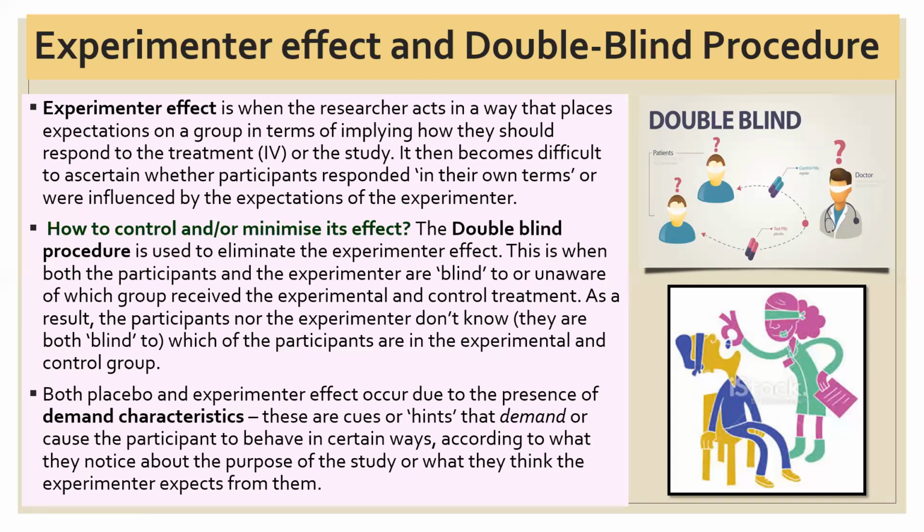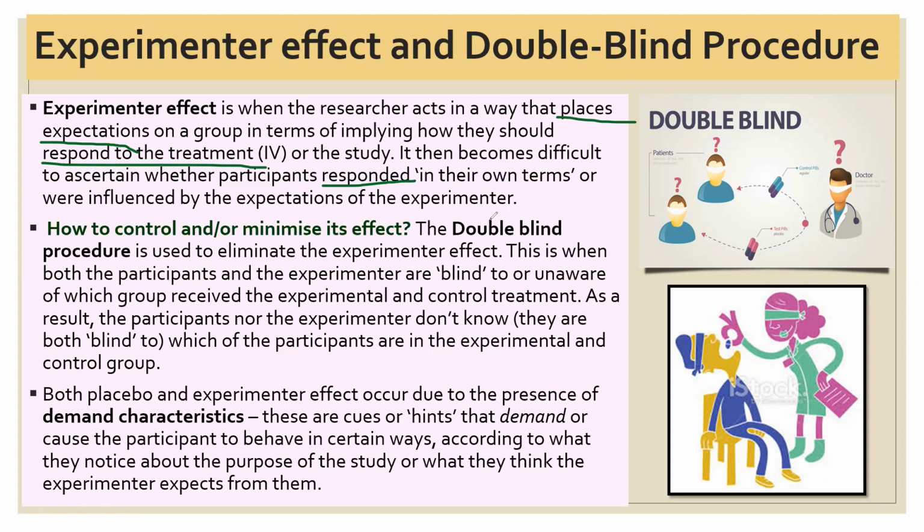I drank it and it helped me concentrate so much better. What I'm doing there is I'm actually placing expectations on you in terms of how you should behave. Even if I'm doing that consciously or unconsciously, it's still going to affect your own behavior because it's affecting how you're going to respond to that IV. You might drink the green tea and feel nothing, but you remember what I said, and then you start responding in that way. You start being like, oh yeah, I can feel like I'm concentrating better now, even though you're probably not.